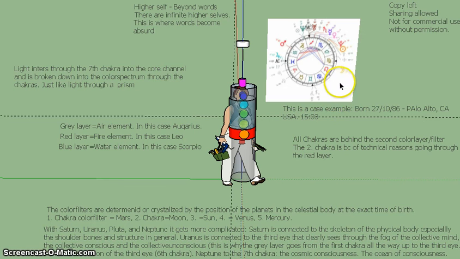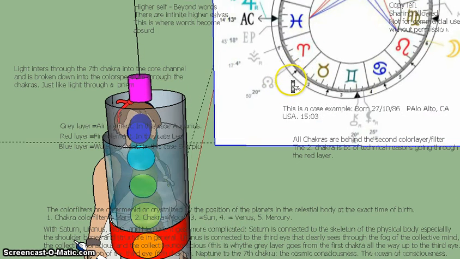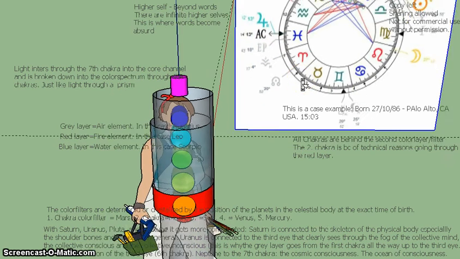A Western astrological birth chart. The reason for the exact time of birth is because it determines the ascendant, which is right there, the AC. And the ascendant determines the houses, which, zoom in a bit, are these houses, which vary in size based on where the ascendant is placed. But I'm not going to go into detail about this right now.